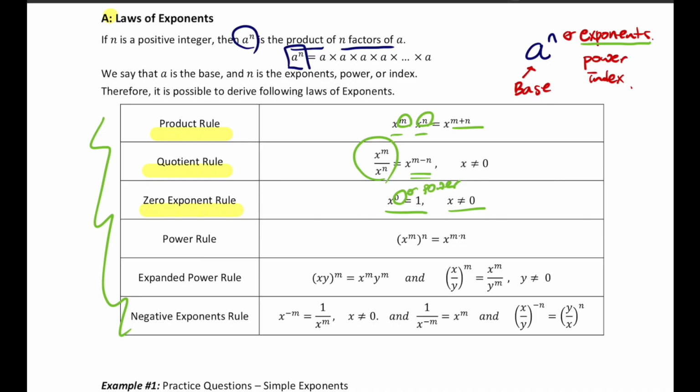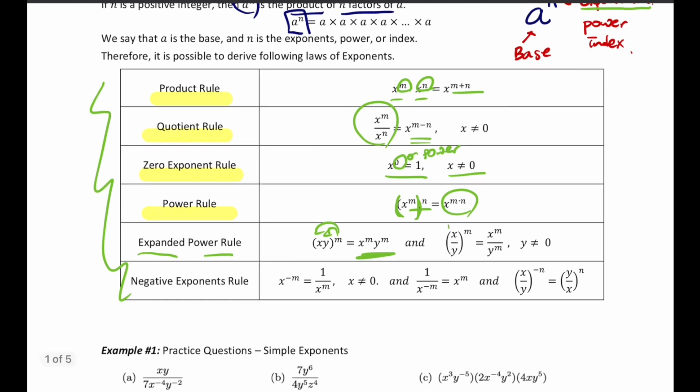The power rule means if we have an exponent and another exponent outside of the bracket, we multiply these two exponents together to find the total exponent. There's also the expanded power rule, which means we can expand the exponents to calculate the expanded version of the integer. Same thing if we have divisions, we can also expand it this way.